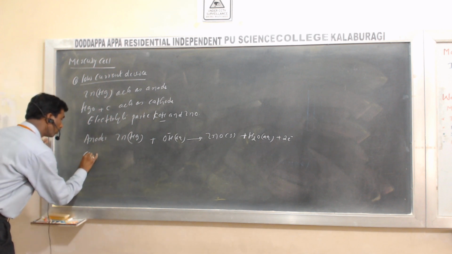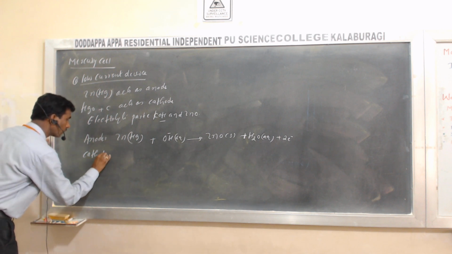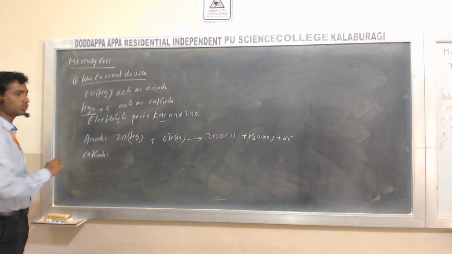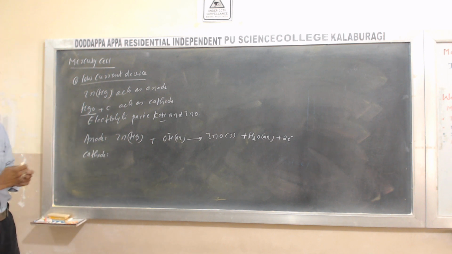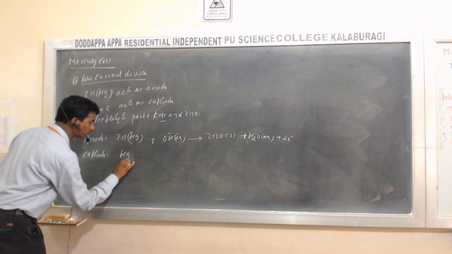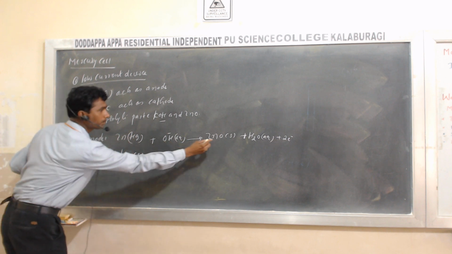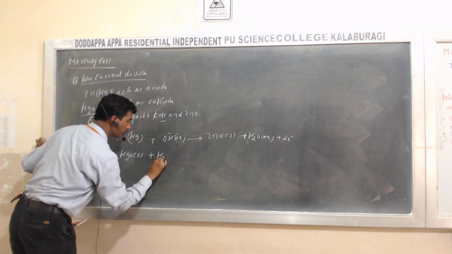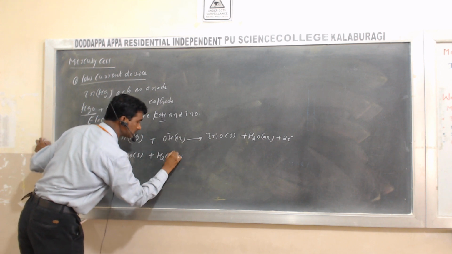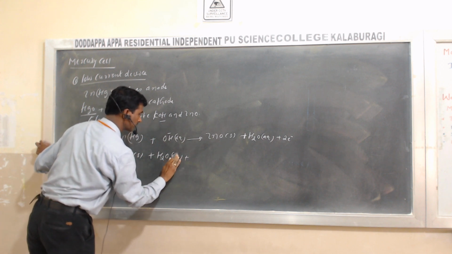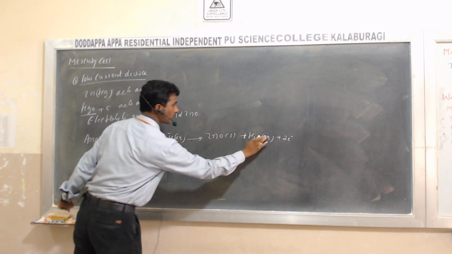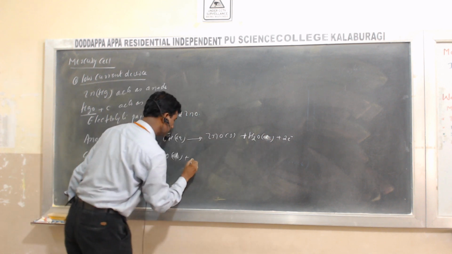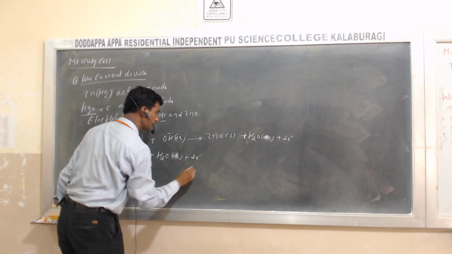Next, let's go for the cathodic reaction. The cathode is the oxide of mercury, which is solid, plus H2O, which is liquid, plus 2 electrons.